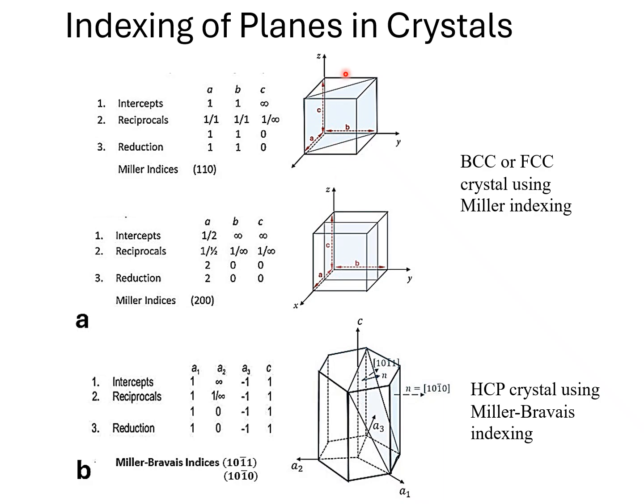If I looked at the plane which was half the spacing, it would be intersecting halfway along here, and that would be 2, 0. To illustrate that, here we have a 1, 2, 0.